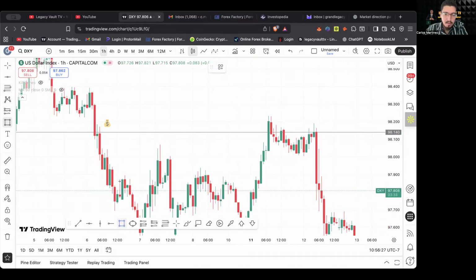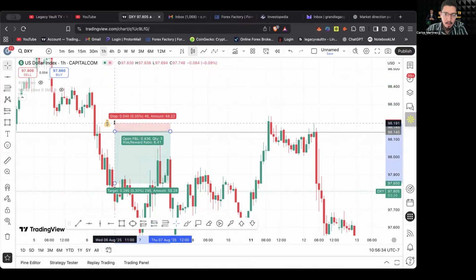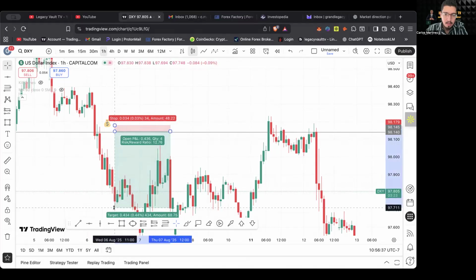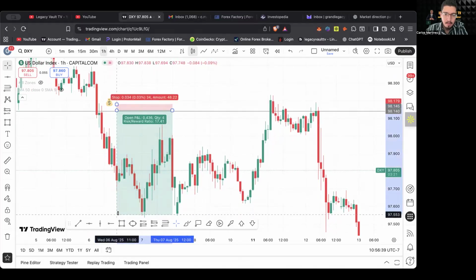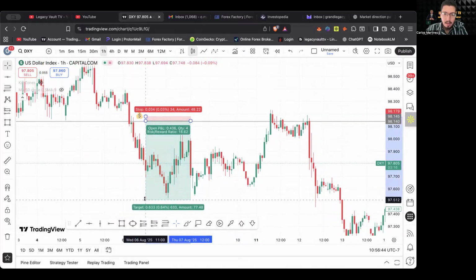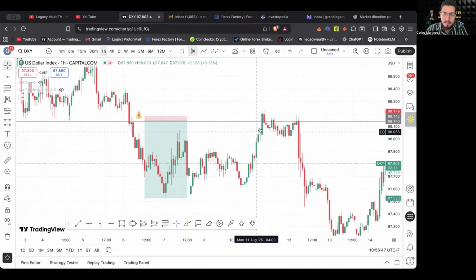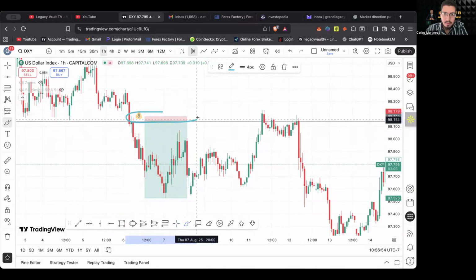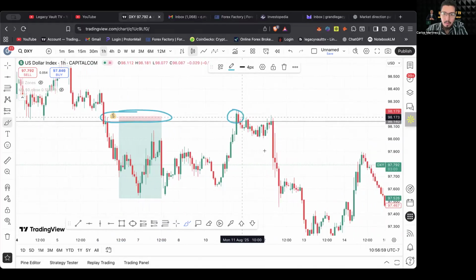So some traders were selling here, had their stop losses set up here, and eventually price came back up to this level again and liquidated all these stop losses because this was a fake out, resulting in continuation to the downside.